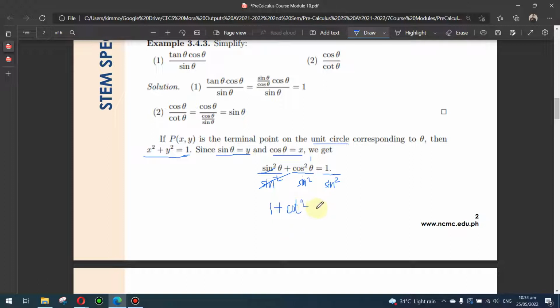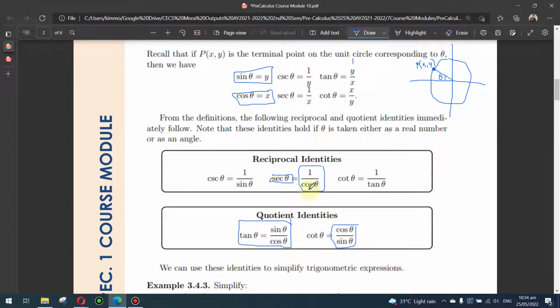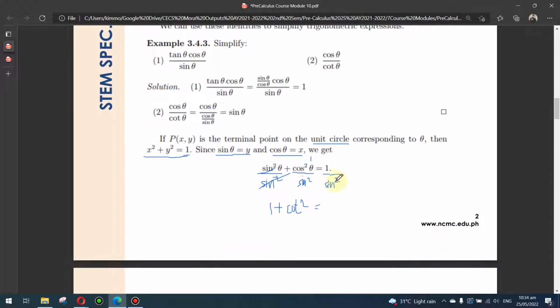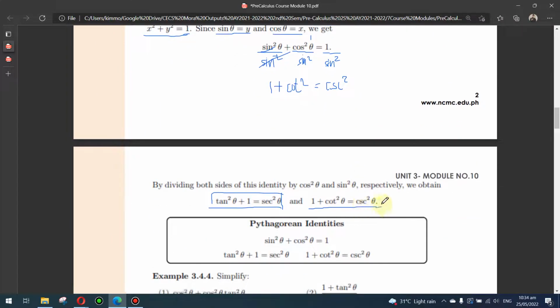Then it is equal to 1 over sine. So what is 1 over sine? Using the reciprocal identity, 1 over sine is cosecant. Since it is squared, we have cosecant squared. So that is how we get this second equation.